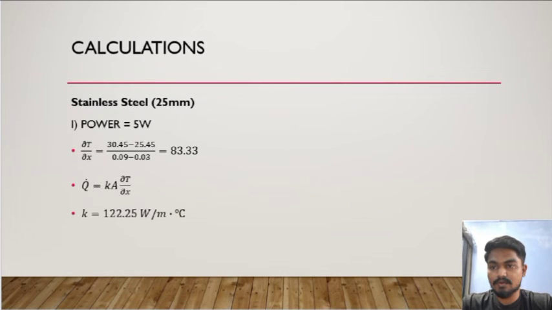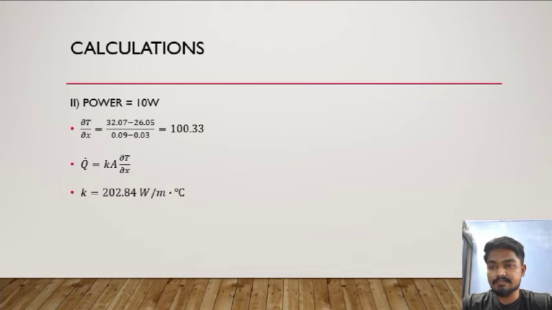So for stainless steel 5 watts, we get the gradient from the graph, and then using the heat conduction formula, which is k A times delta T over delta x, we get the thermal conductivity for 5 watts heater power, which is 122.25 watts per meter degree Celsius.